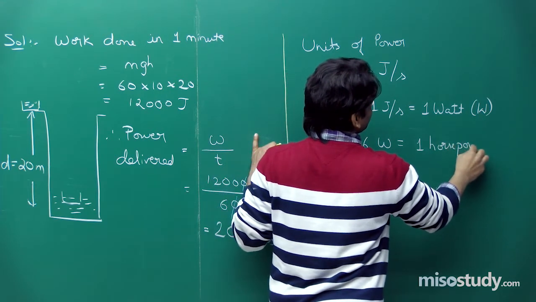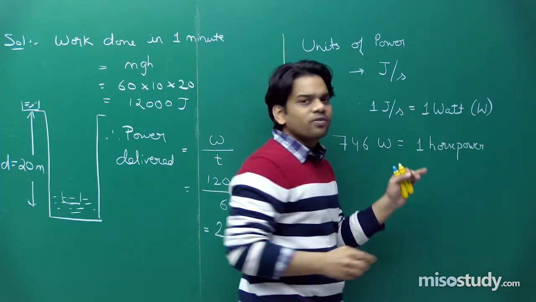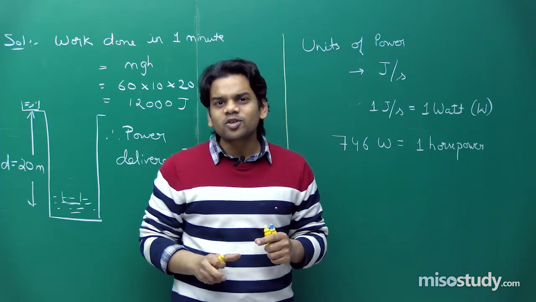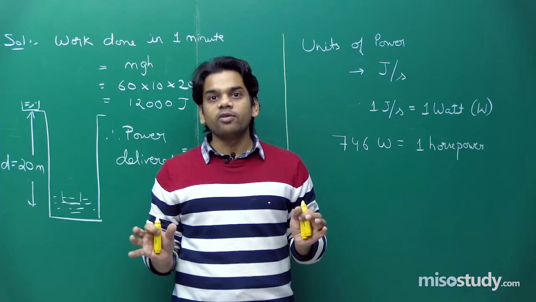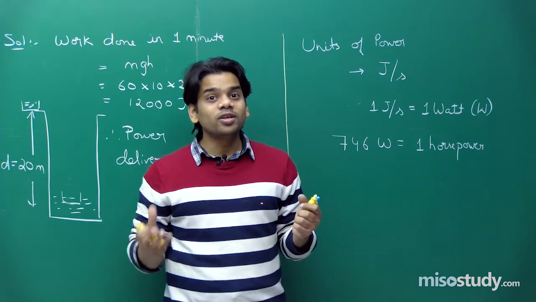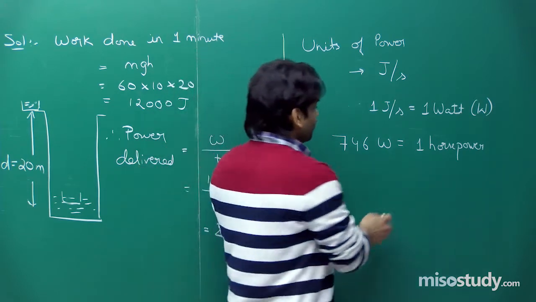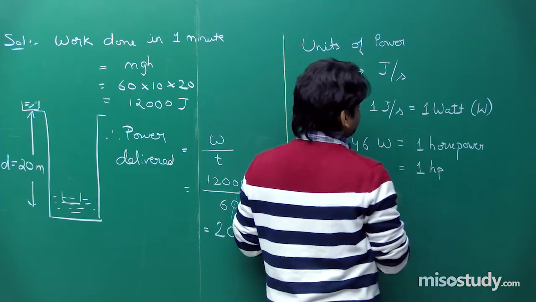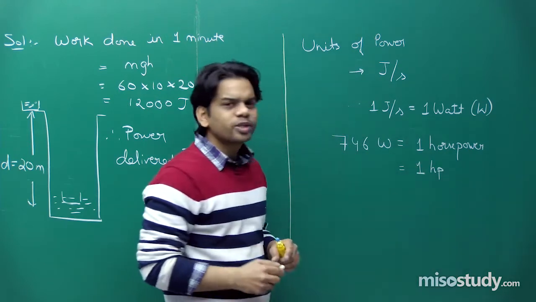You must be seeing the ads of big vehicles like trucks or tractors. With that ad, it's also given that its horsepower is 3.5 HP, or sometimes it will be given 5 HP. HP is horsepower, written as 1 HP. So 746 watt is equal to 1 HP.